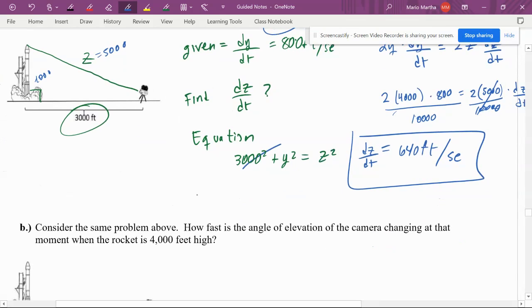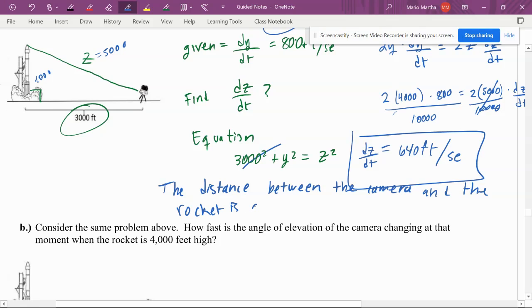So again, we can say the distance between the camera and the rocket is changing at a rate of 640 feet per second.